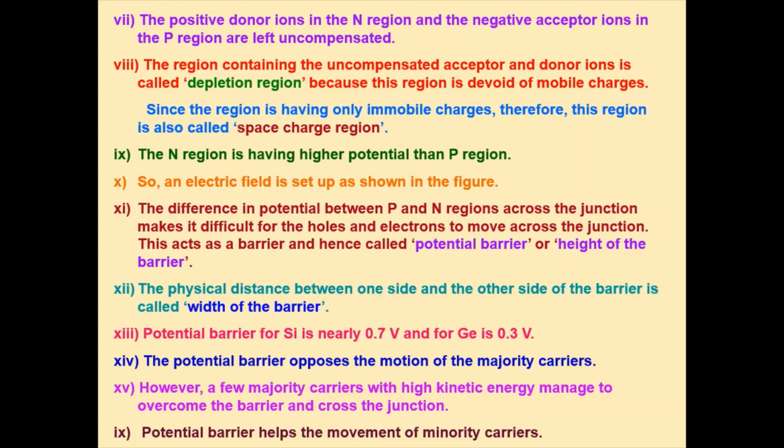The electric field set up across the junction because of diffusion of charge carriers will help minority charge carriers to move from one side of the junction to the other, and the current because of the movement of the minority charge carriers in the opposite direction is called the reverse leakage current.